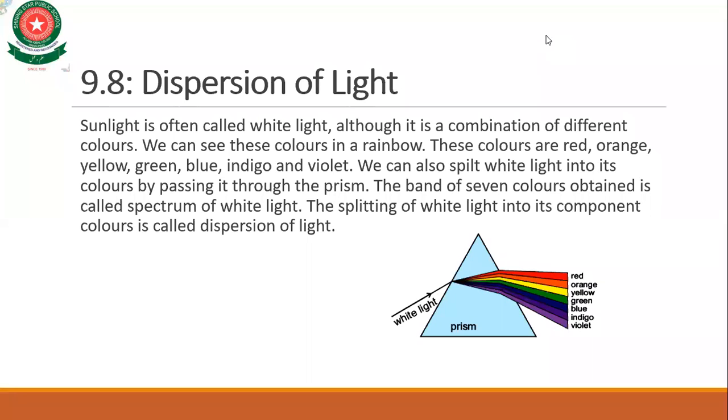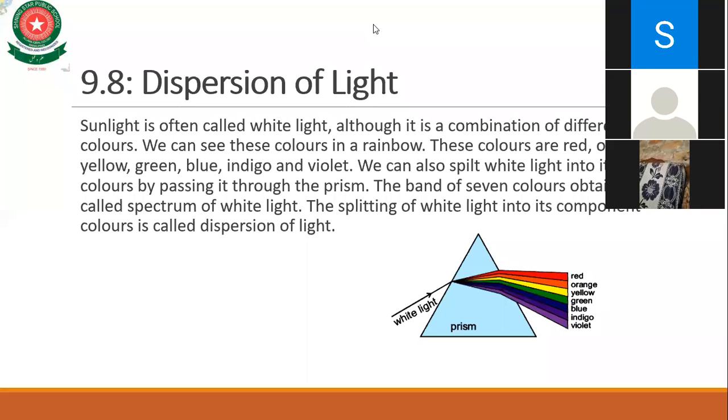Now the next topic is dispersion of light. Sunlight is often called white light, although it is a combination of different colors. We can see these colors in a rainbow.